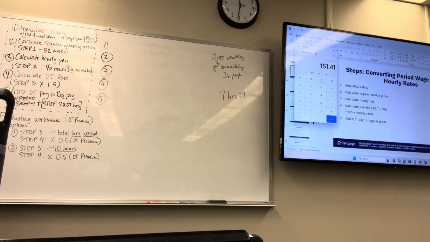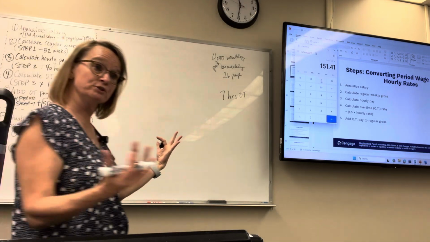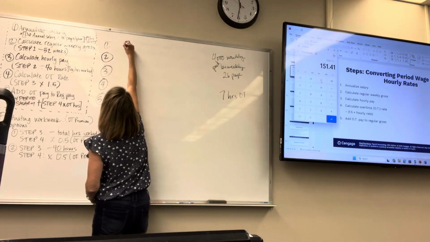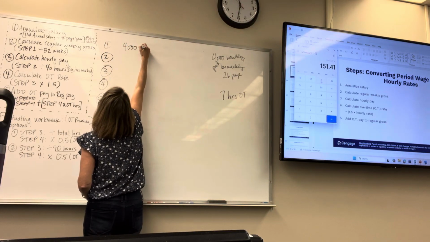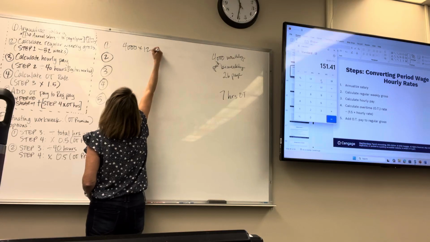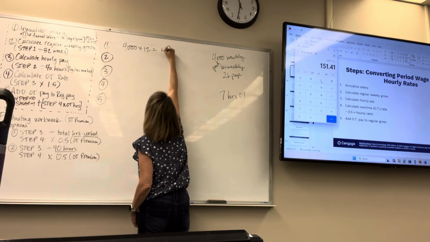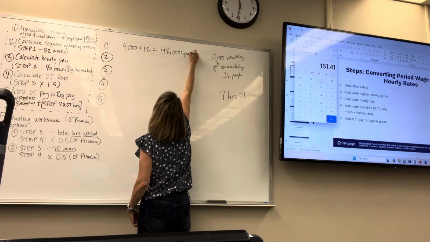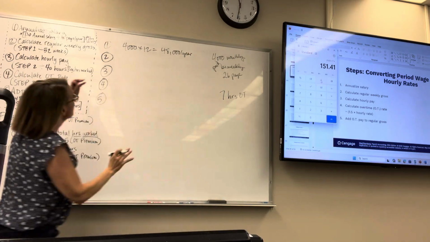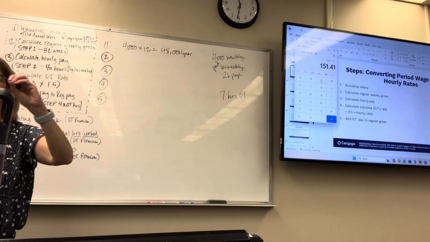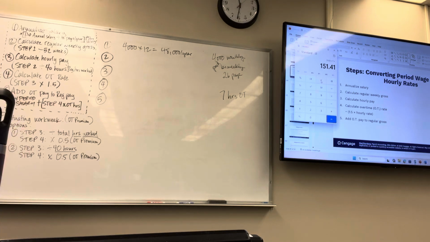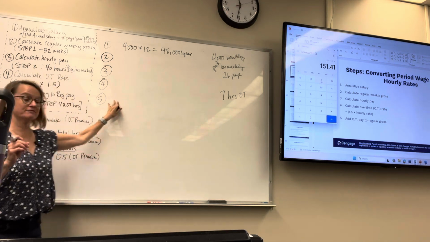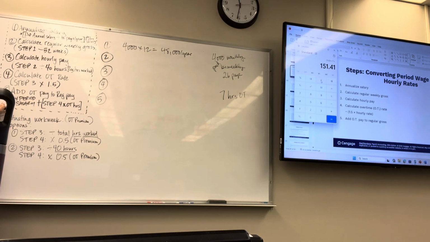Okay, so the first thing we're going to do is annualize our salary. They're paid $4,000 a month. We're still going to multiply that by 12, right? So what is that, 48,000 per year? Now, we're going to need to know what they're paid every pay period, and we need that information for step 5 because we've got to add their pay period salary.